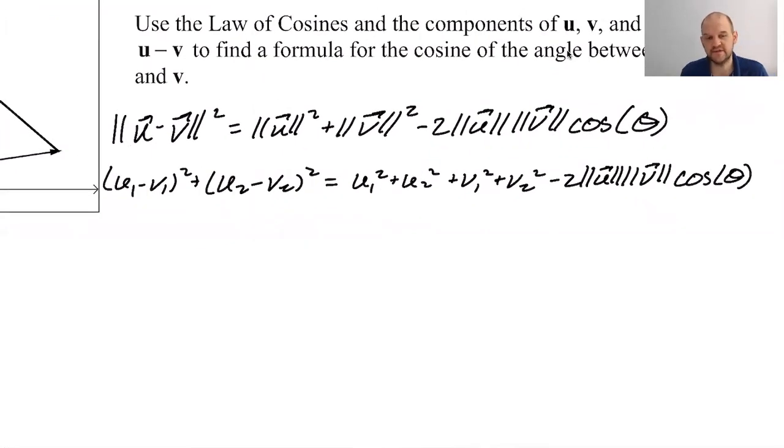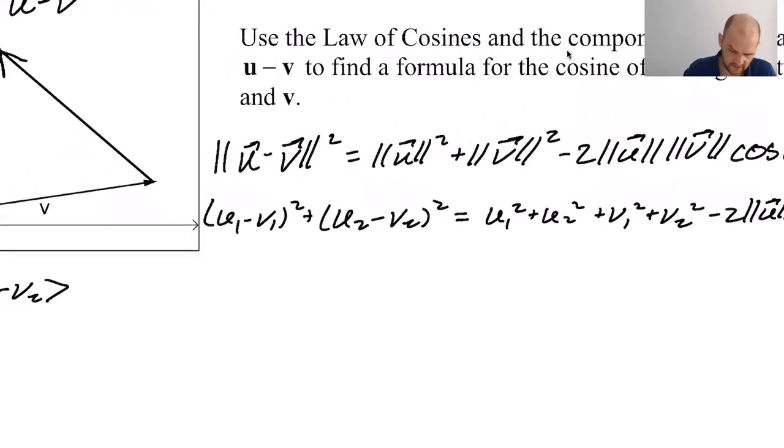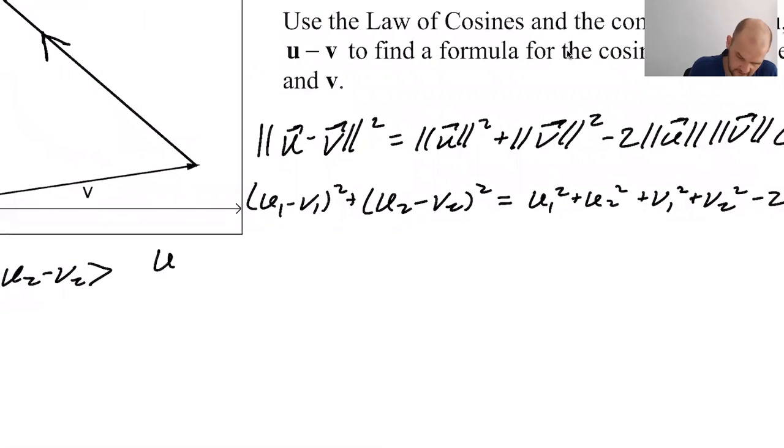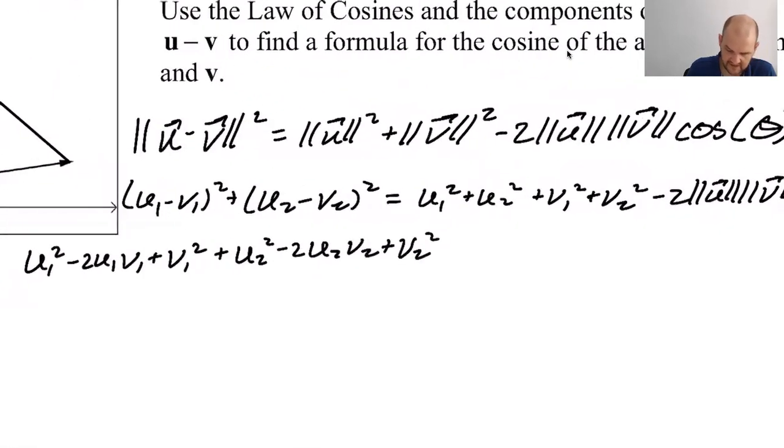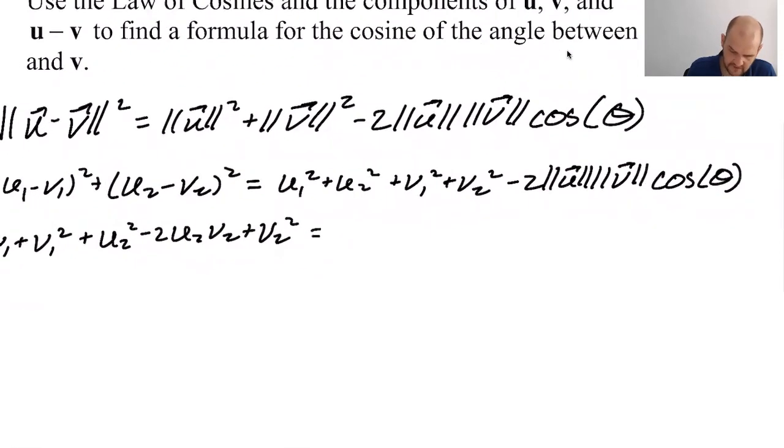Next step, what we want to do is just expand everything you can. And yeah, it's going to be a little gross. So we'll get u1 squared minus 2u1 v1 plus v1 squared plus u2 squared minus 2u2 v2 plus v2 squared. That's the left-hand side. And then this equals everything that's on the right.